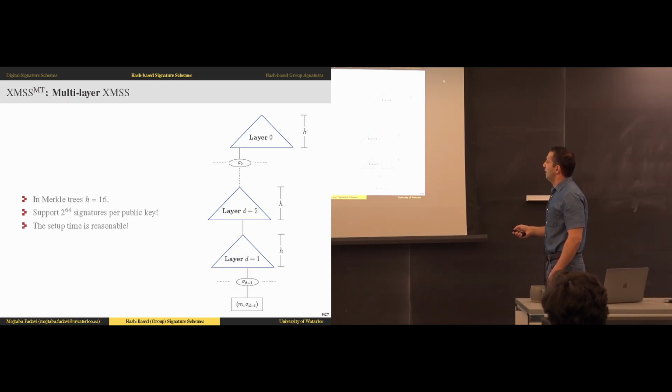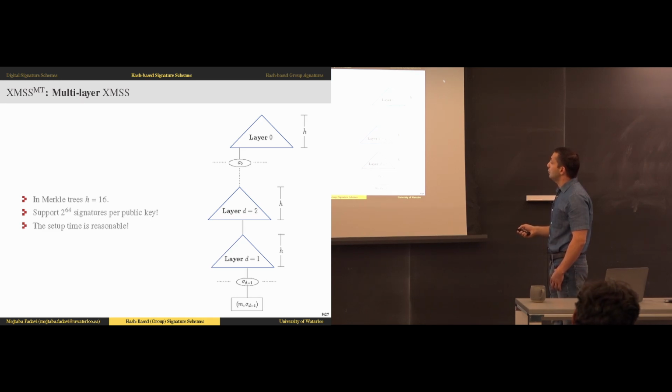So for signing a message, we sign it using the Winternitz signature, using the Winternitz secret key. We have an authentication path from here to the root of this layer's Merkle tree. We have a signature on the root of the Merkle tree using the corresponding leaf node, and so on.